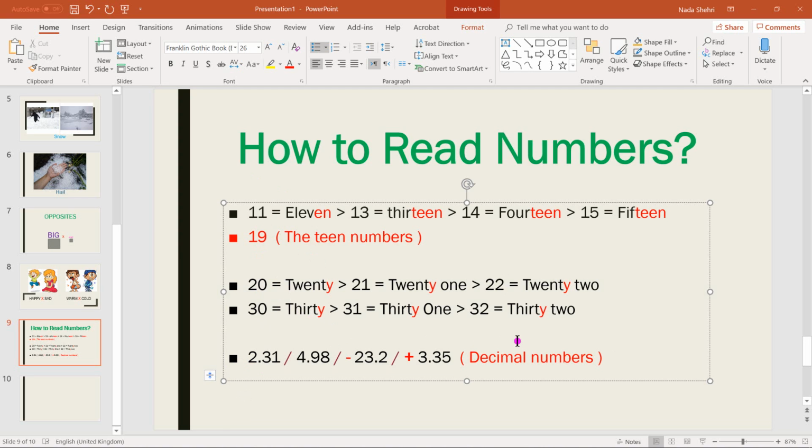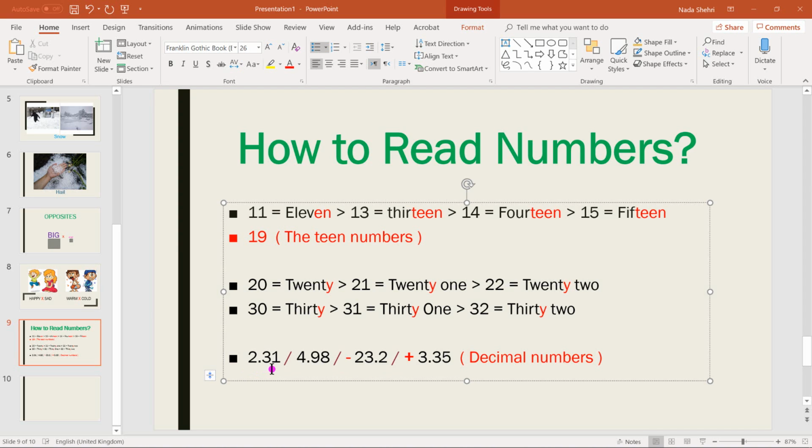Now moving to something we also talked about, which is decimal numbers. Do you remember that? Decimal numbers, where we have a number, point, and another number, or numbers, point, another numbers. How do we read this? Do you remember, ladies? How do we read decimal numbers?